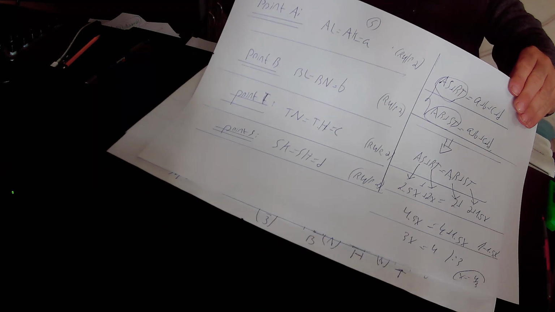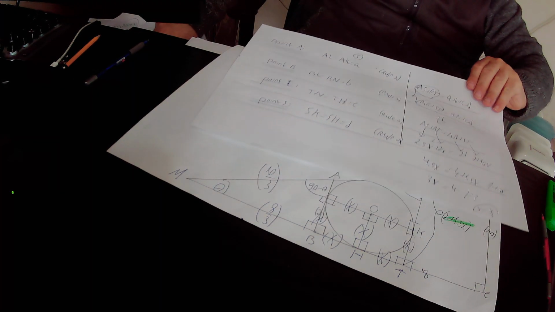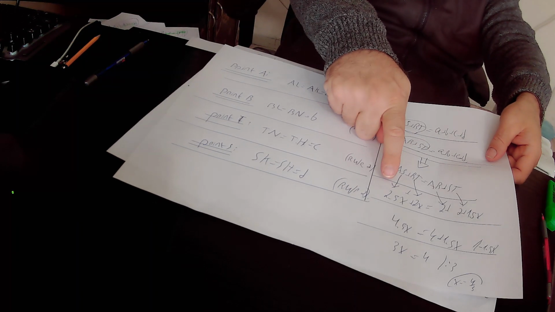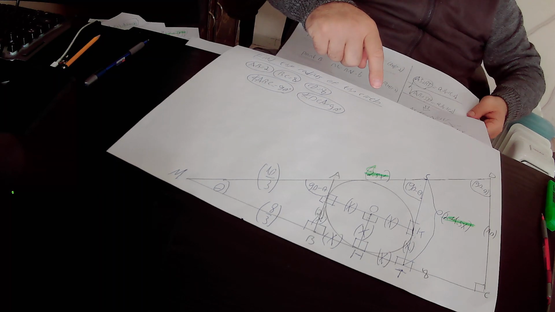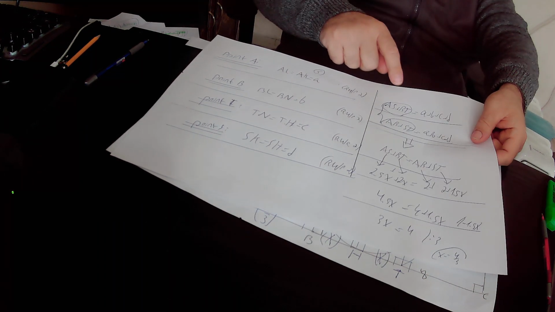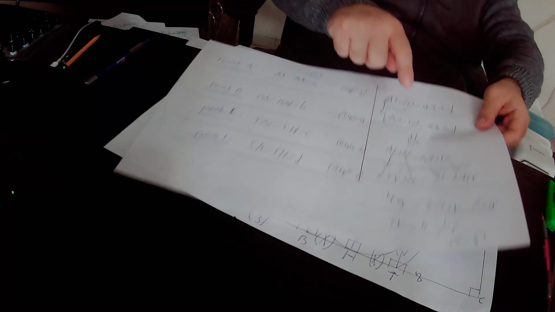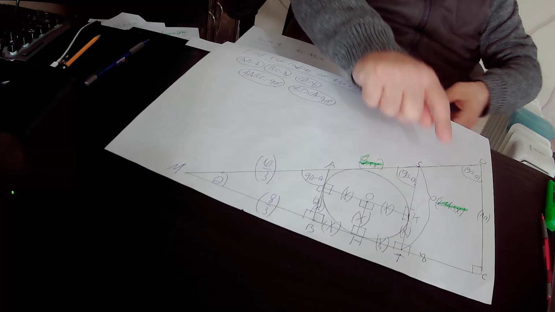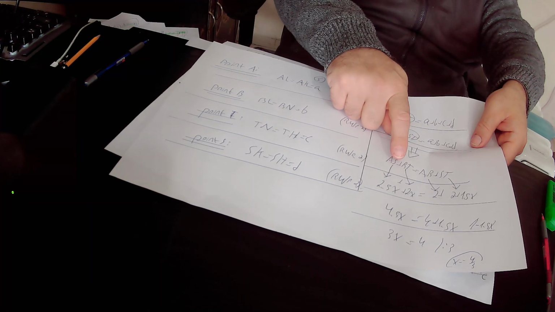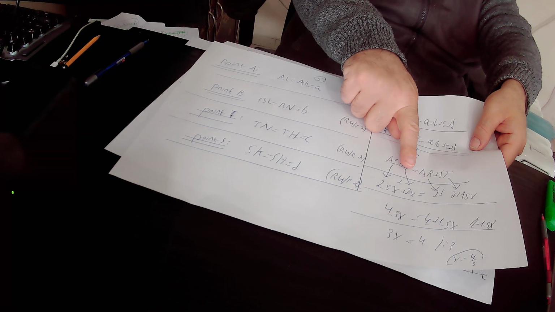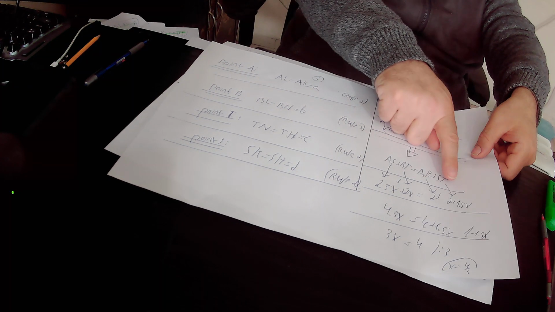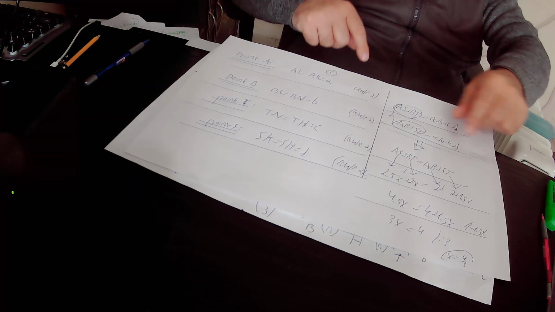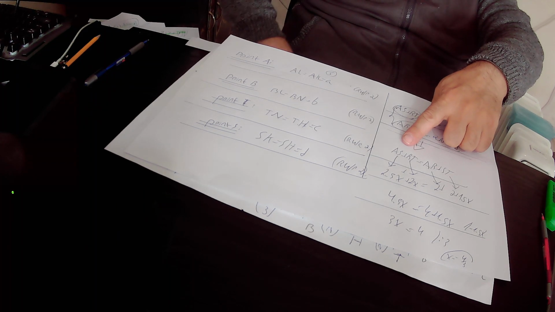So here AS equals 2.5x, so we substitute AS by 2.5x plus BT.